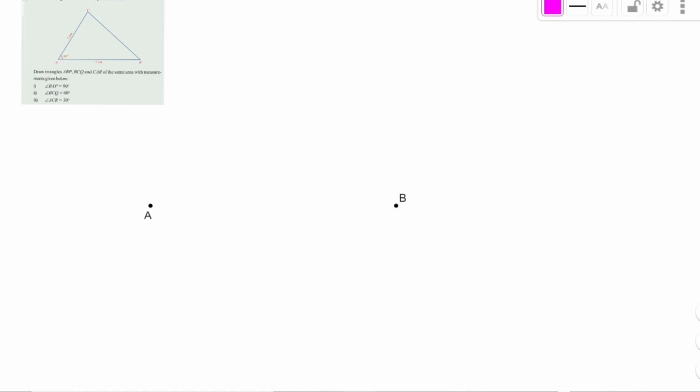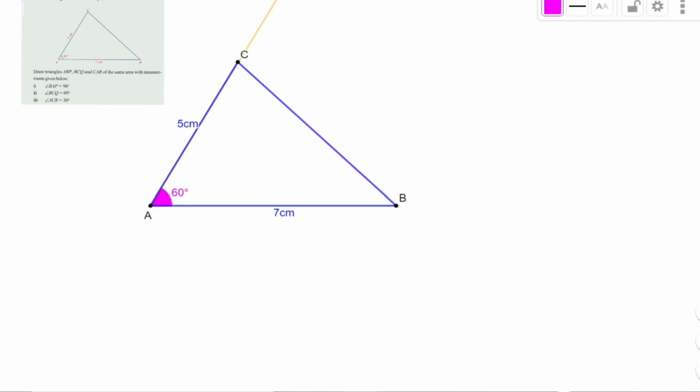First of all, let us draw the figure once again. Now given that angle BCQ equal to 60 degrees. So take 60 degrees at C and draw a line. Now to make the triangle having the same area of the given triangle, let us draw a line parallel to the side BC.